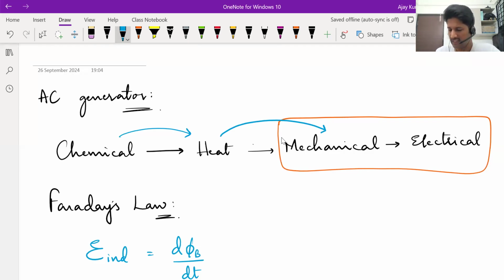This heat to mechanical energy conversion you have learnt in thermodynamics in 11th class, the heat engine. Now the mechanical energy, which is basically in the form of rotational kinetic energy of the coil and the shaft, gets converted to electrical energy in a generator.